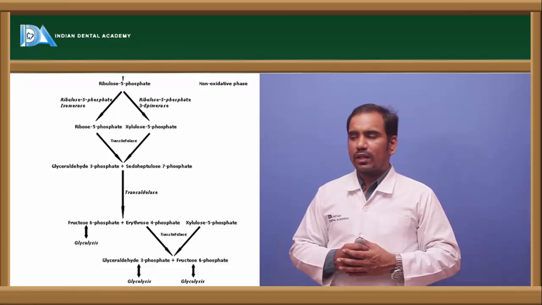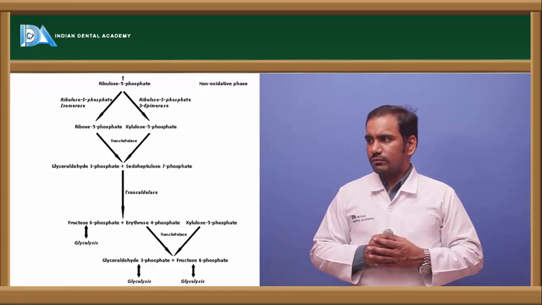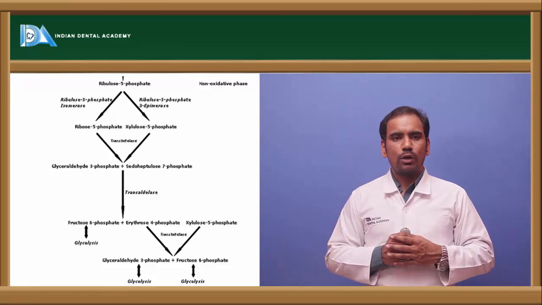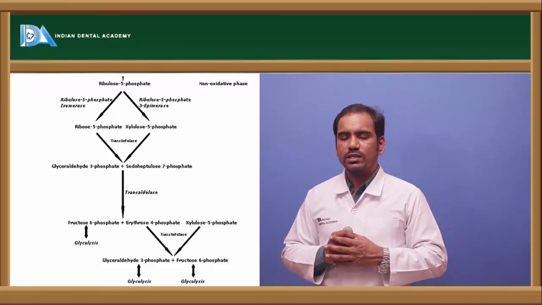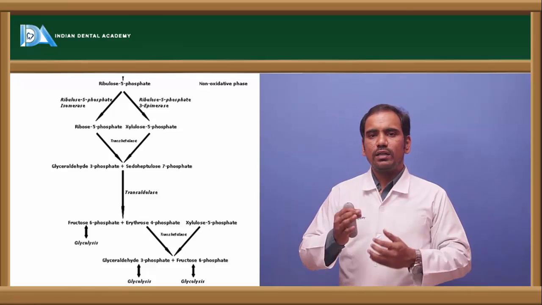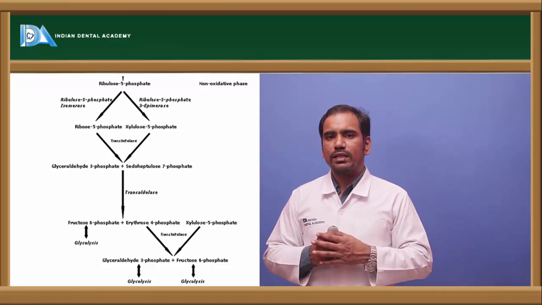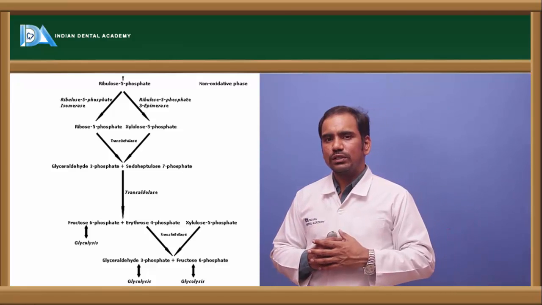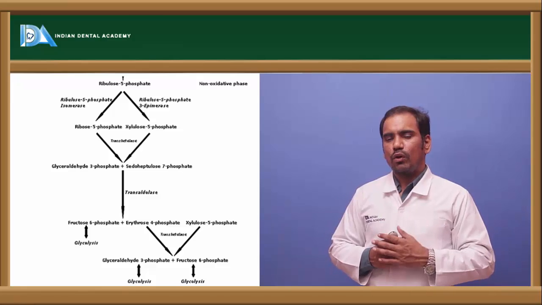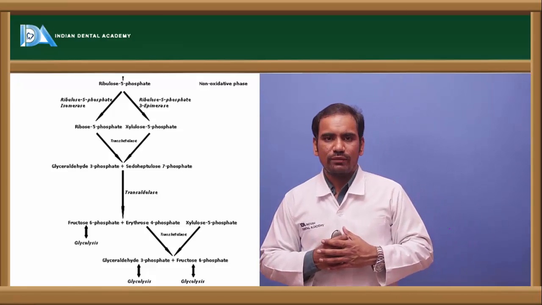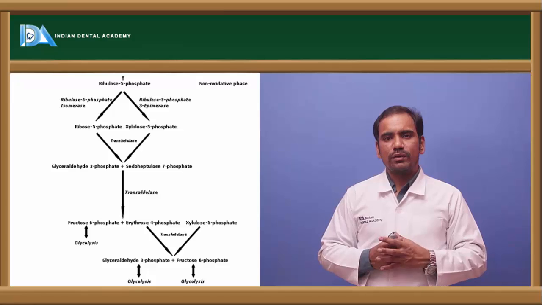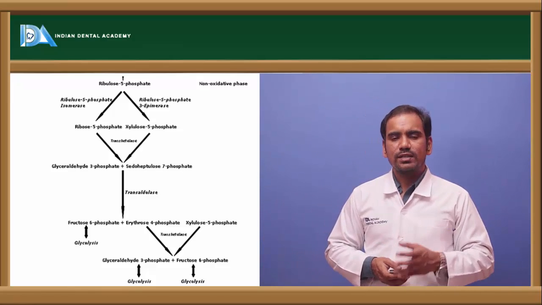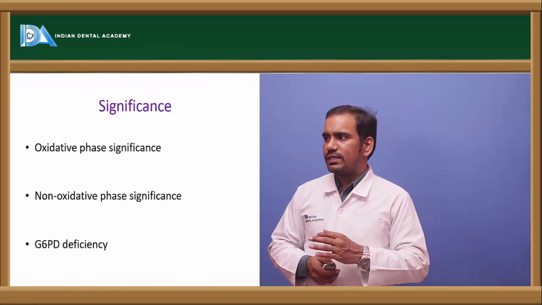Glyceraldehyde 3-phosphate can be converted into erythrose 4-phosphate when it reacts with sedoheptulose 7-phosphate by the action of transaldolase. One of the most important sugars formed in the non-oxidative phase is ribose 5-phosphate, which is utilized in the synthesis of DNA and RNA. That is the significance of the non-oxidative phase of the HMP pathway.